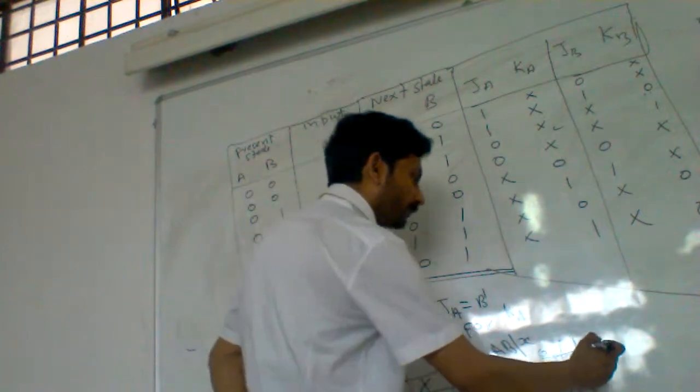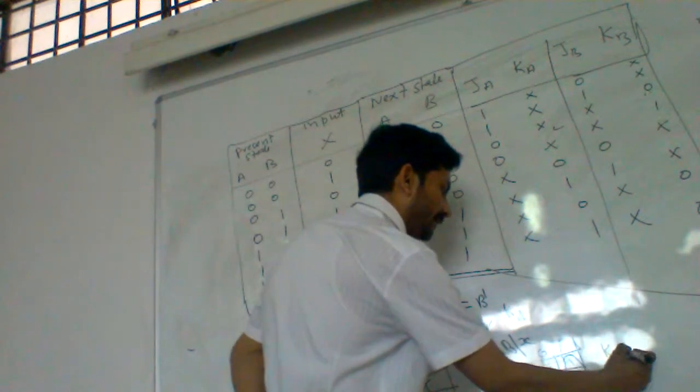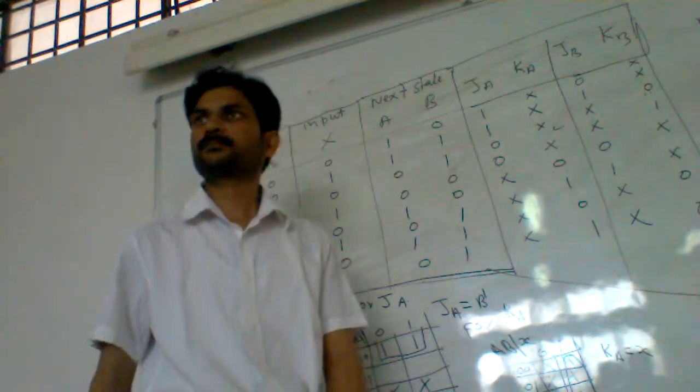From this group KA is equal to X. Now clear?